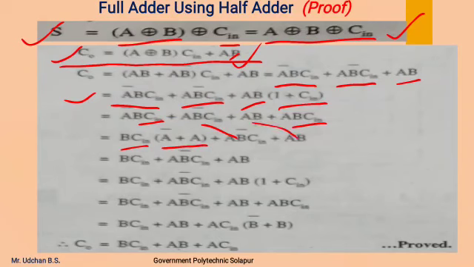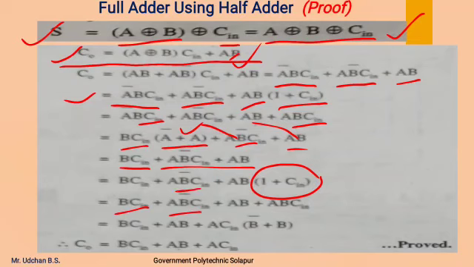Now A plus A bar gives you 1, so the term will be B C in plus this A B bar C in, and AB is written as it is. Now again, 1 plus C in is adjusted to prove our carry output equation. Again B C in, A B bar C in is written as it is. After multiplication, AB plus AB C in, we get this equation.